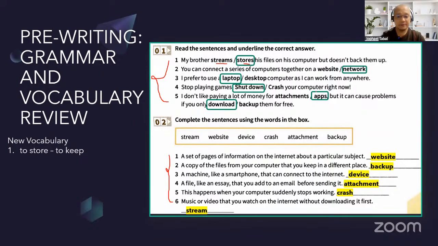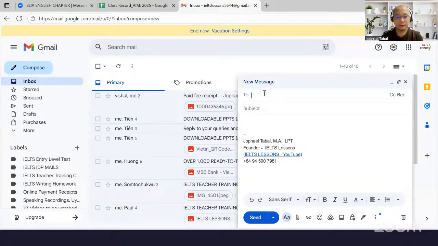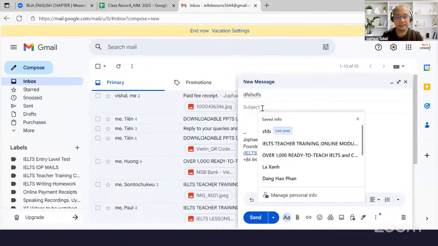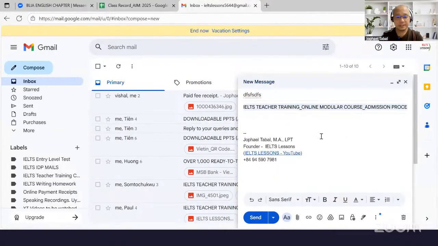Let me show you here what an attachment is, okay? So if you have an email, you should understand what we mean by attachment. So for example, this is my email here, and then you create an email. So for example, to, and then subject is, for example, like this, and this is the attachment here.